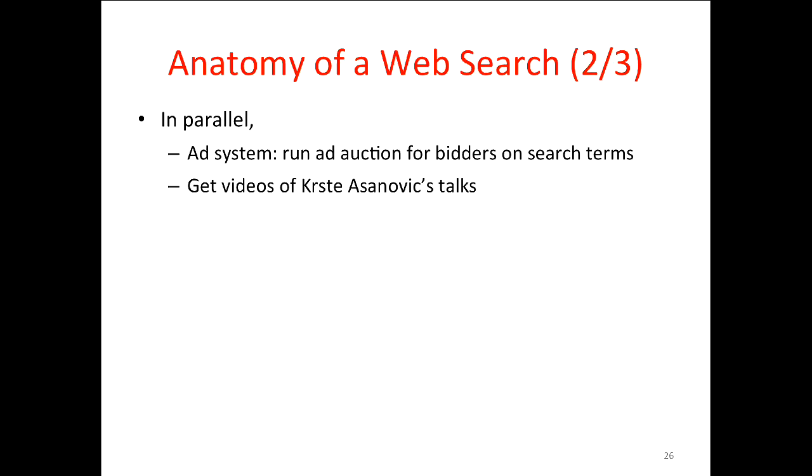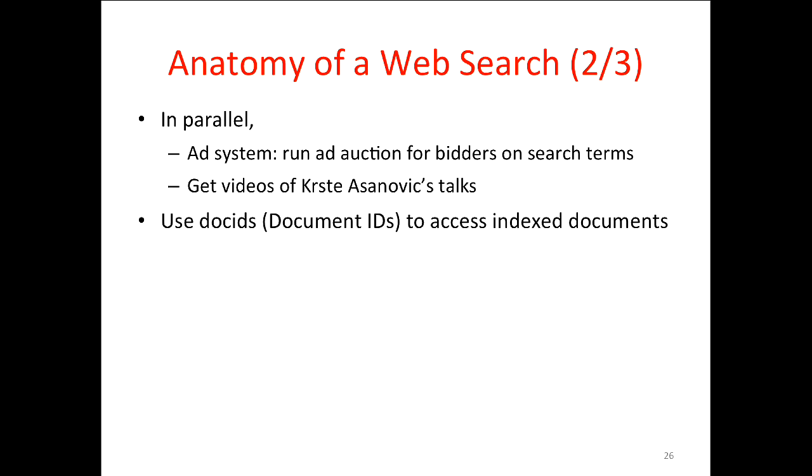And then in parallel, the server also communicates with ad systems, because Google has to make a profit, right? And then it also fetches some videos of his talks, right? And then the index servers return document IDs to access the documents on document servers.